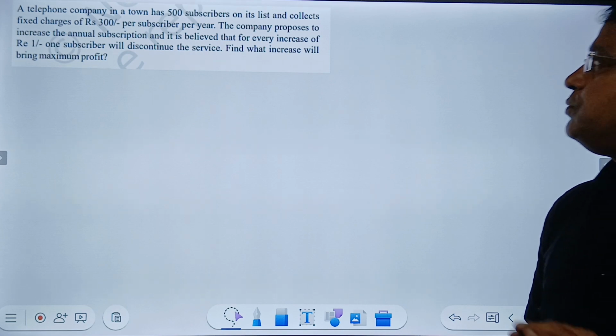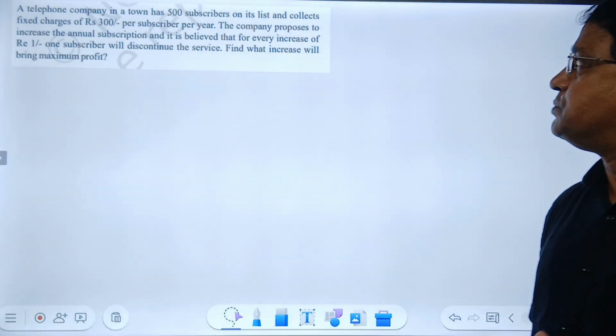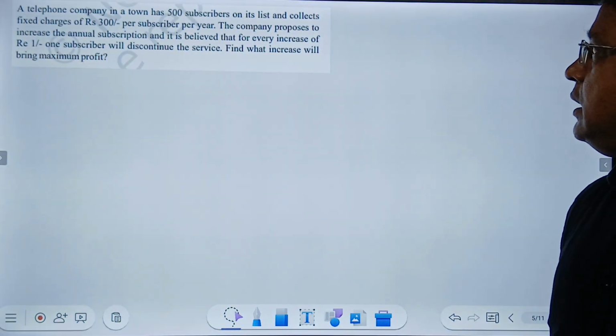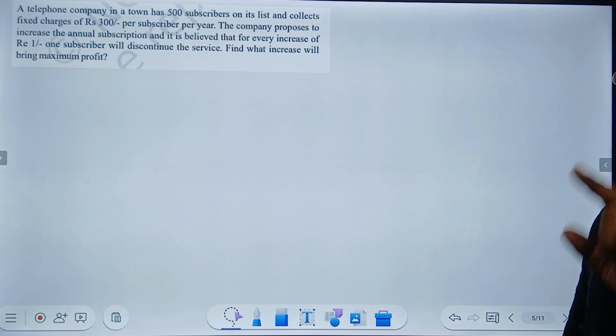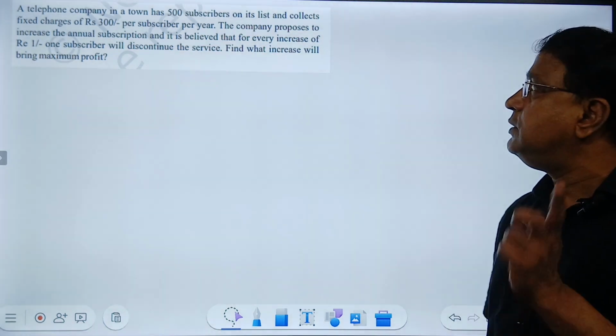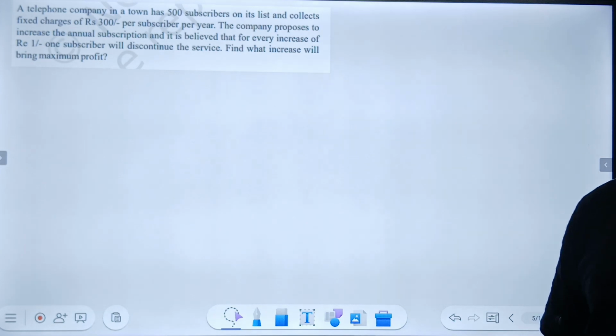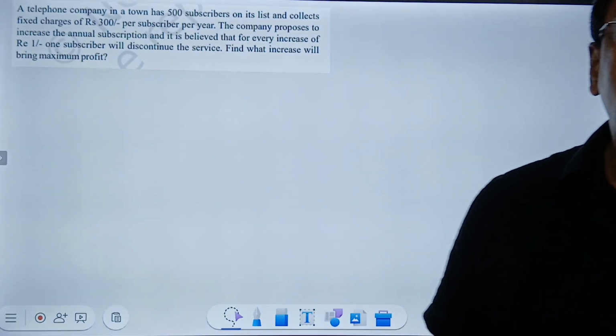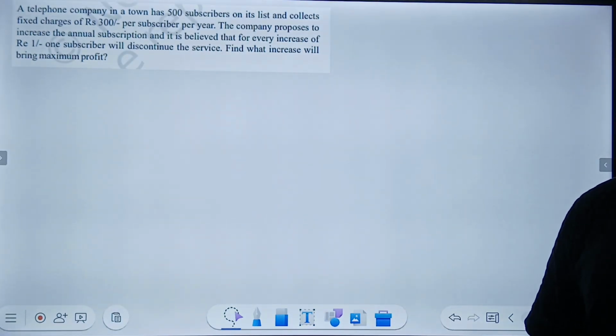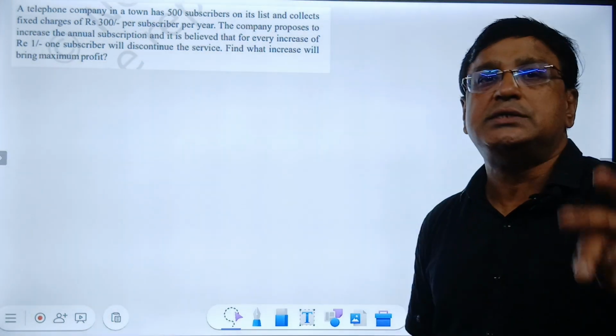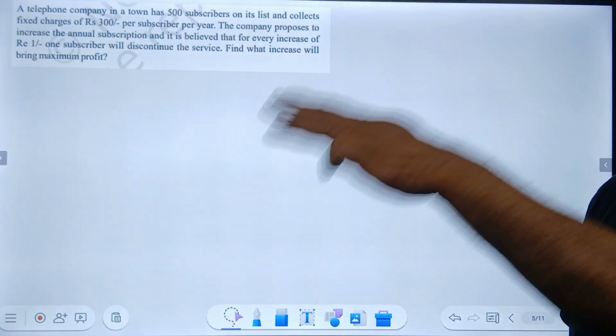The company proposes to increase the annual subscription and it is believed that for every increase of 1 rupee, one subscriber will discontinue. That means suppose if I increase the subscription by 2 rupees, 2 subscribers will go out. Suppose I increase it by 3 rupees, 3 subscribers will go out.